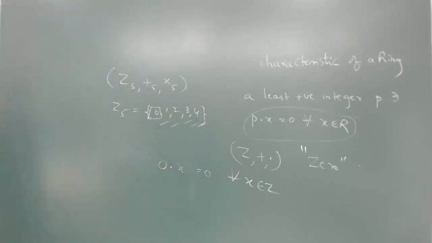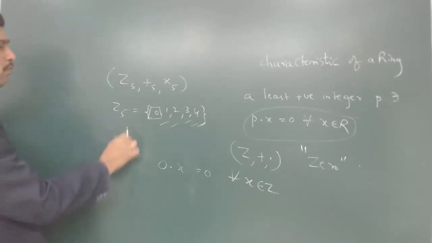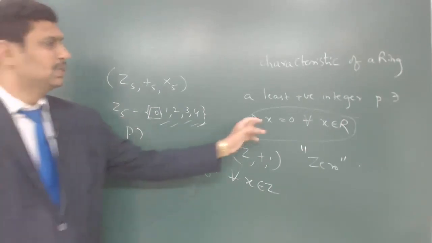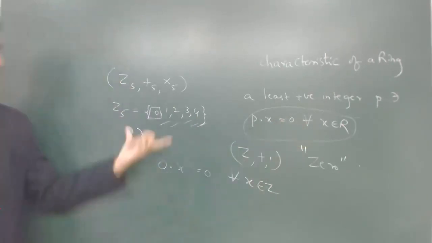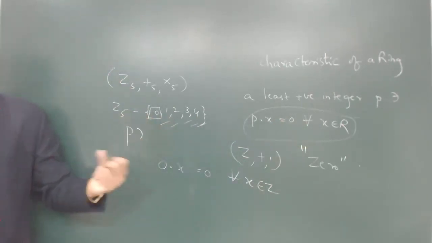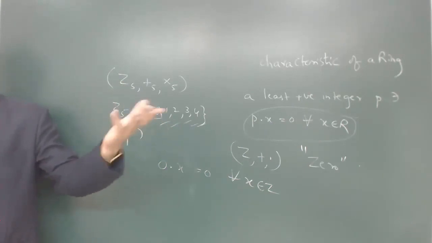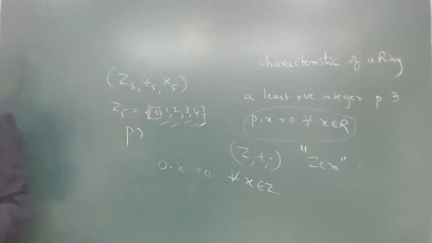Now I ask, by multiplying what positive integer will you get px equal to 0 for all x in this set? Is it 1 or 2 or 3 or 4 or 5 or 6, what is it here? So you should verify the condition that px equal to 0 for every x in the set Z5. So what could be the number there? If you multiply with this number p, you should get 0 for every value there.